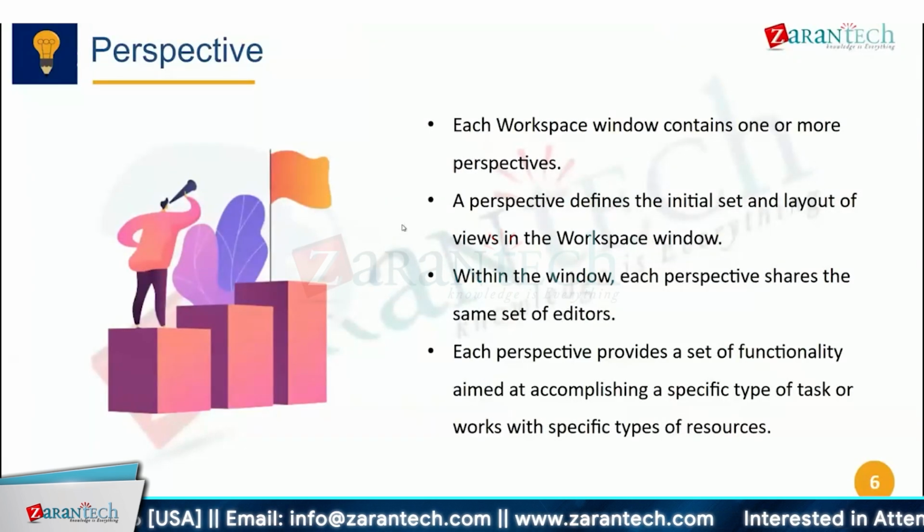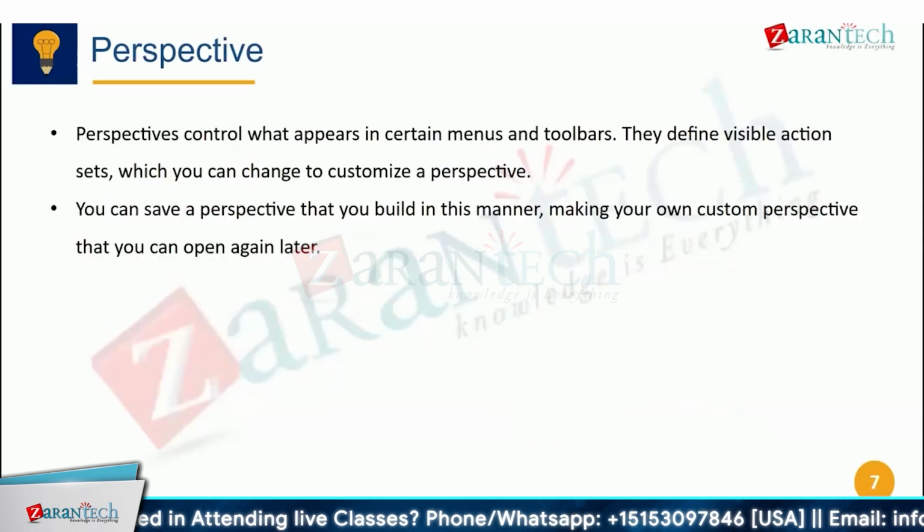Then we have perspective. Okay. Each workspace window contains one or more perspectives. A perspective defines the initial set and layout of views in the workspace window. Within the window, each perspective shares the same set of editors. Each perspective provides a set of functionalities aimed at accomplishing a specific type of task or works with a specific type of resource.